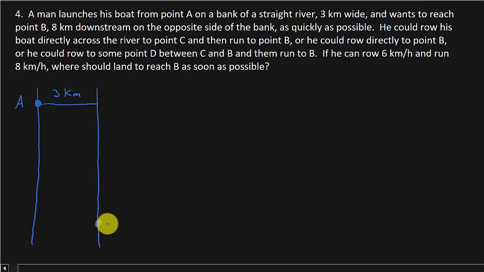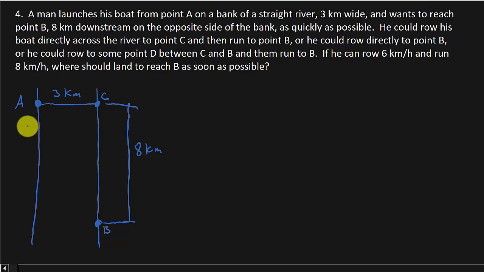So that would be a point B right here, and it is 8 kilometers downstream. All right, so it says he could row his boat directly across the river to point C. So that means he would be going straight across to some point C. And then he could row straight across and then run down.